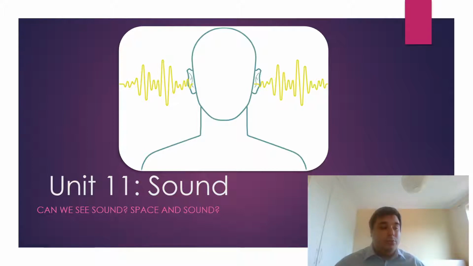For example, to detect danger, also to communicate. That's the basic use that we give to sound, communication. We use sound to talk, to listen to others, to express what we feel, to let them know what we think. So that's why sound is very, very important. All right, so let's start with this lesson right now.